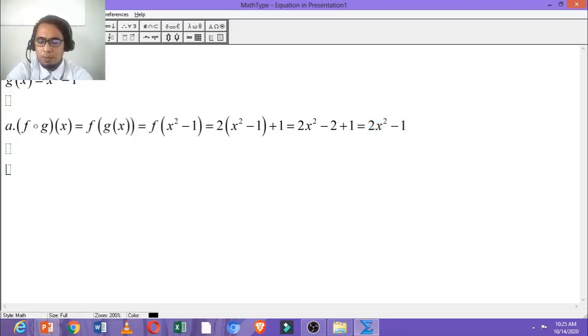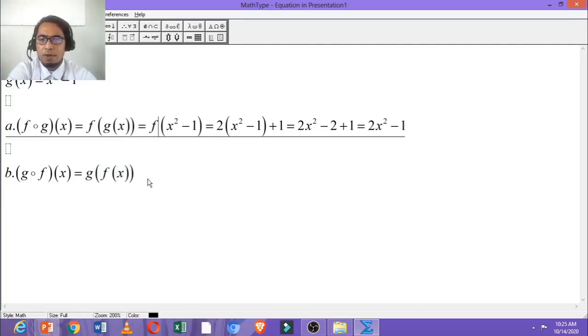For letter B, we are asked to answer the g composition of f of x. And again, from the definition, since we started from g, it is now g of f of x.